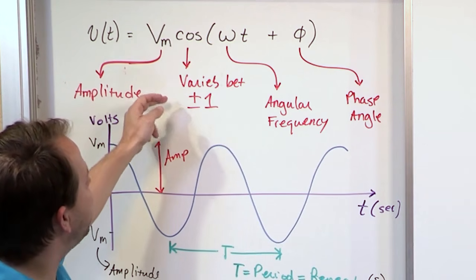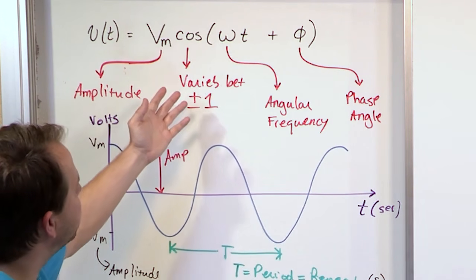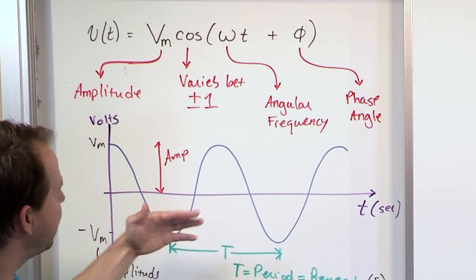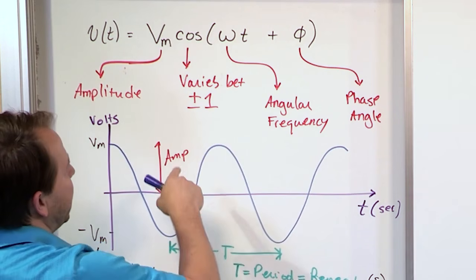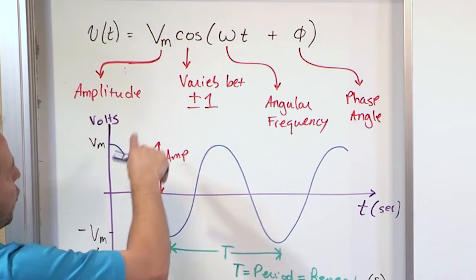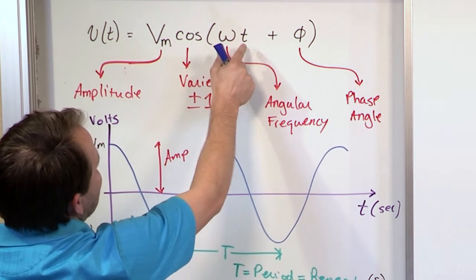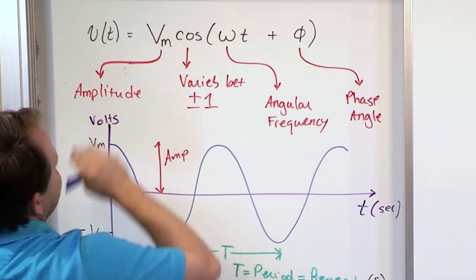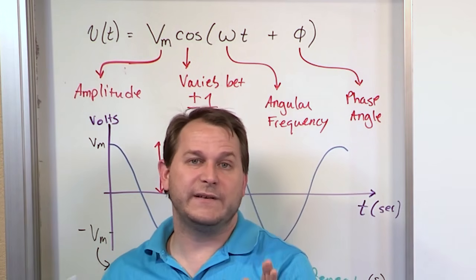Its cosine basically tells you the shape of the thing. Inside here we have frequency, but it's not expressed as just how many times per second. It's expressed as angular frequency. How many radians per second is it going around? Keep in mind that 2 pi radians is 1 time around the unit circle. So this is radians per second. When you multiply by time, you end up with a unit of radians, which matches what we need. And then we have the phase angle here, which is going to shift it left and right.